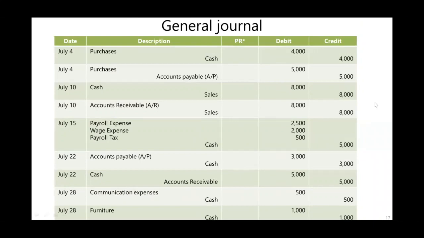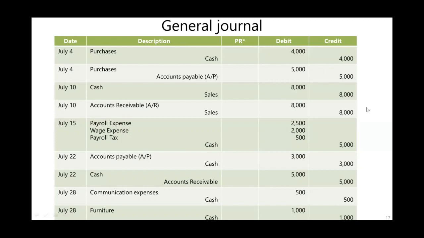This is the general journal. In the general journal, all of the transactions are recorded, so that as we have been through, there is a purchase of material with cash payment, and also with accounts payable, and also sales was recorded with cash payment and also with accounts receivable.